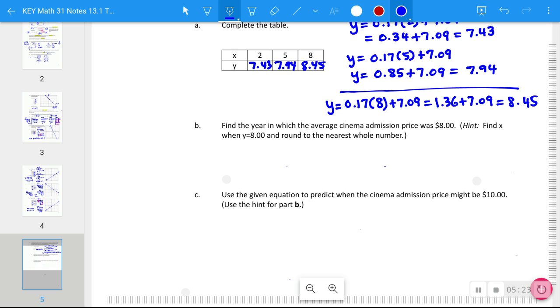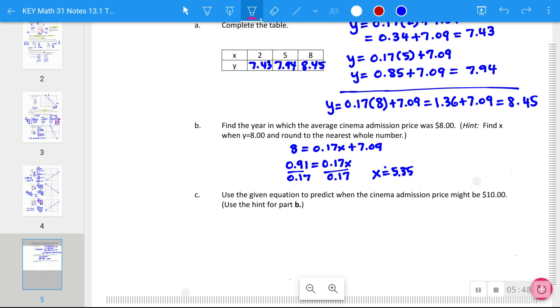Okay, find the year in which the average cinema price or movie price will be $8. Well, this time it's the y that they give you. The y is 8. So let me explain how I got these calculations done. The first thing I did is subtracted 7.09 off both sides, and then divide both sides by 0.17, and I get 5.35.